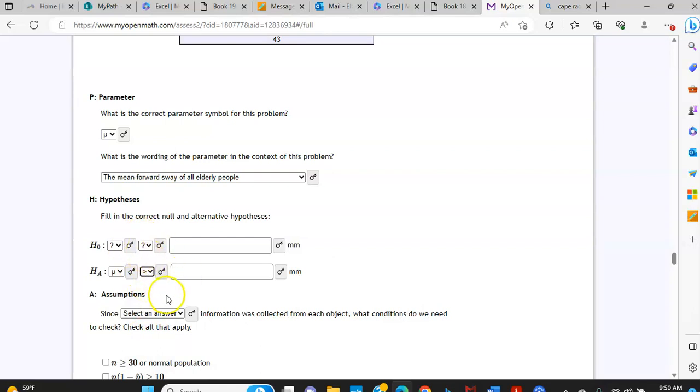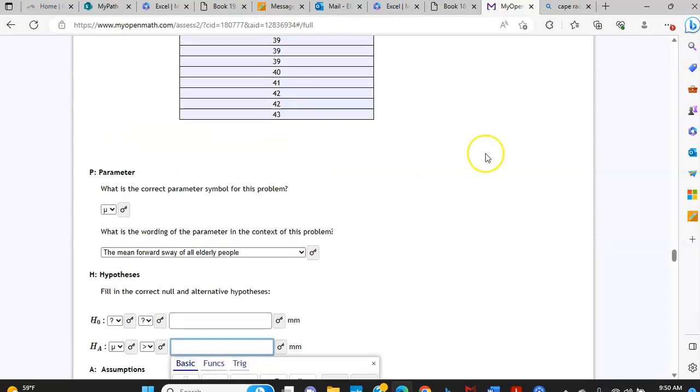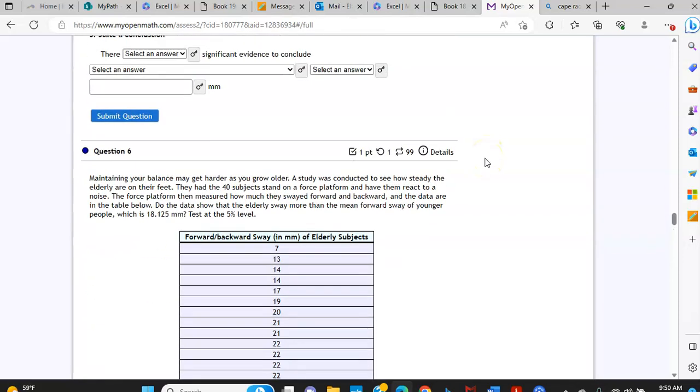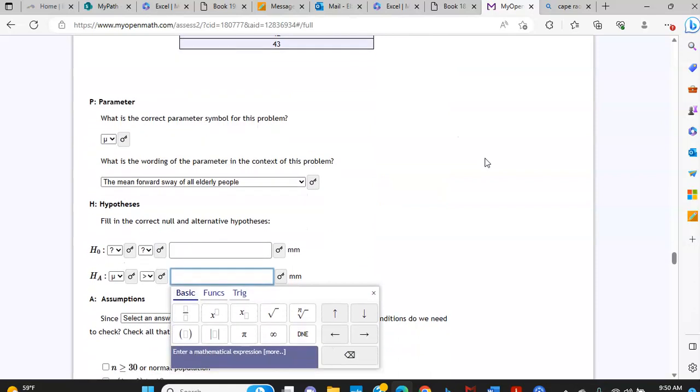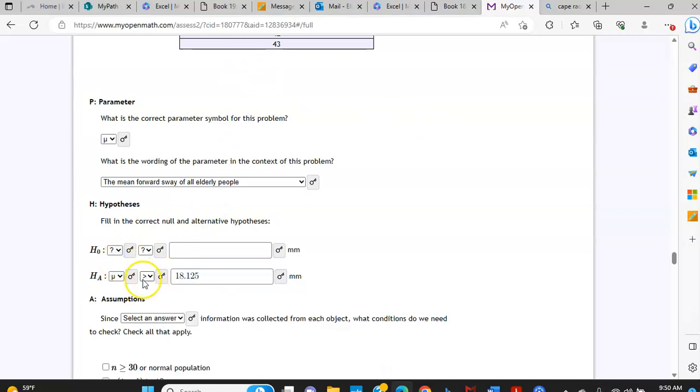We'll see what we've got as alternatives for. And let's see, what was that number for the younger people? 18.125. Okay. Now our alternate, like I said, we might have to change that to greater than or equal to, but I don't think so. Let's see what our choices are.